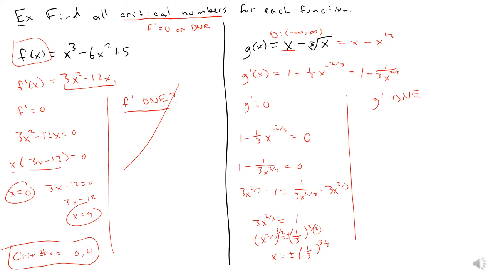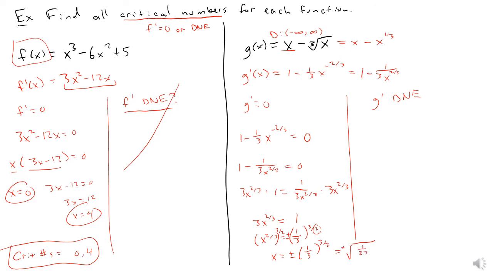Those are the two x values, positive 1/3 to the 3/2 and negative 1/3 to the 3/2, where g prime will be 0. If you like, you could rewrite this 1/2 power as a square root. So that'd be the square root of 1/3 cubed, or 1/27.